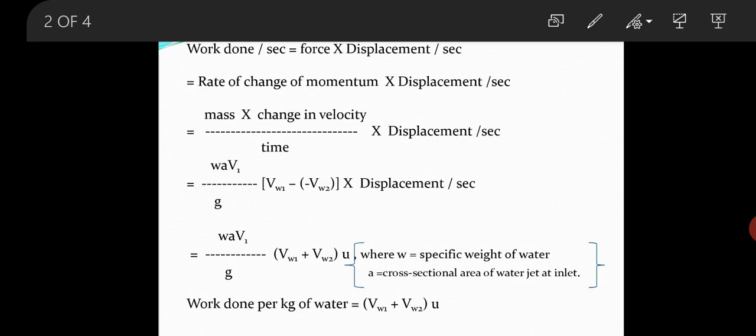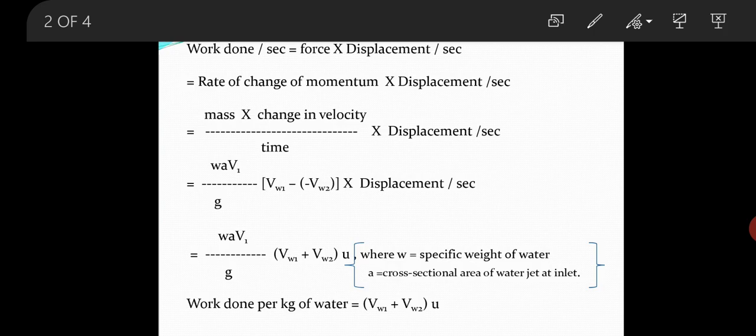Here, as water is flowing, we have to calculate work done per second because the water, which is the mass, is flowing. So for this, our work done is work done per second. This is equal to force into displacement per second.